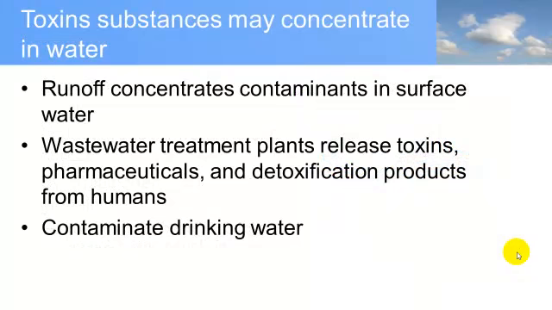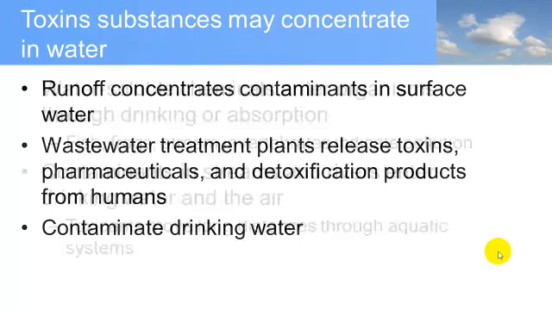Toxic substances can also travel by water. Runoff will pick up pesticides and fertilizers, oils and greases from the land and carry them into rivers. Wastewater treatment plants could release tiny amounts of pharmaceuticals, disinfection products, and other things. These all can enter the drinking water and cause health effects downstream.